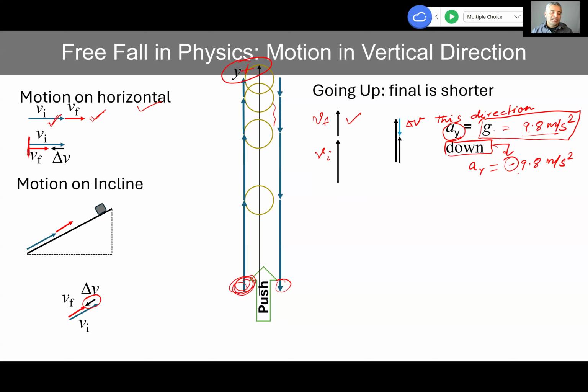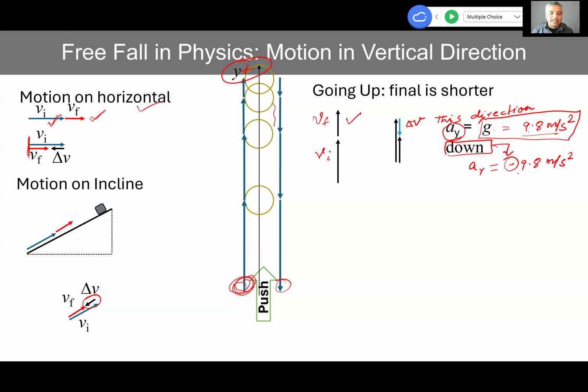Sometimes students say g is negative. g is not negative. g is just a number. What is negative? Acceleration is negative. g is only the value of acceleration, so that's why it does not have positive or negative. The direction of acceleration is positive or negative.